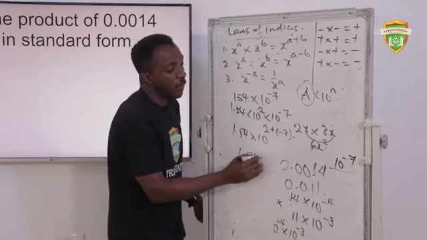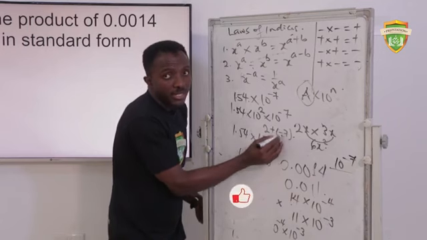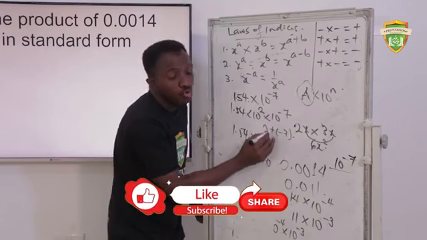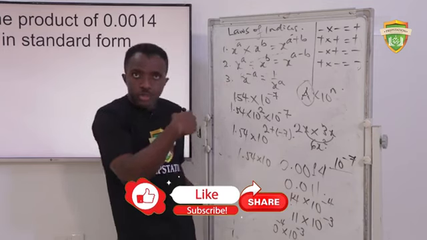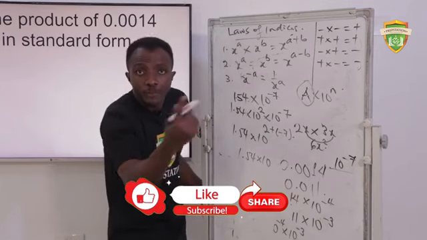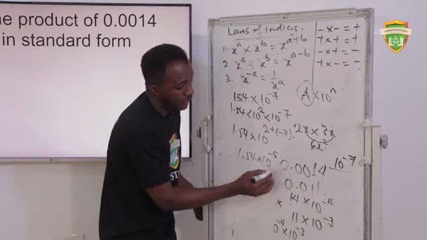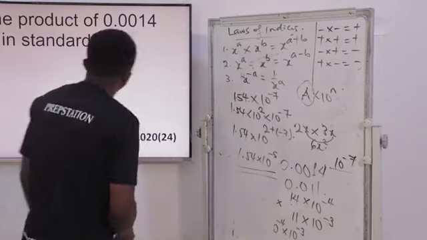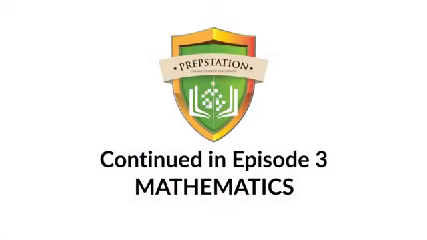Minus times plus is minus. So 2 minus 7: you have 2, you owe 7. It means when you pay your debt, you still owe 5. So that is 1.54 times 10 raised to the power minus 5. This time around, our answer is not option C, it is option D. So we'll be back.